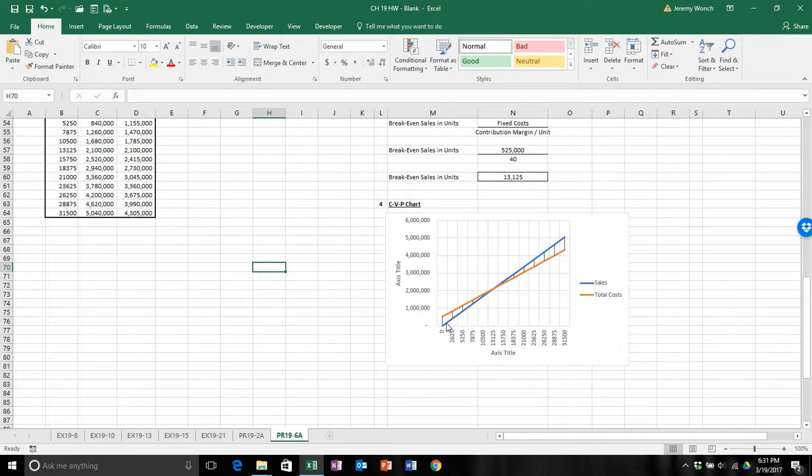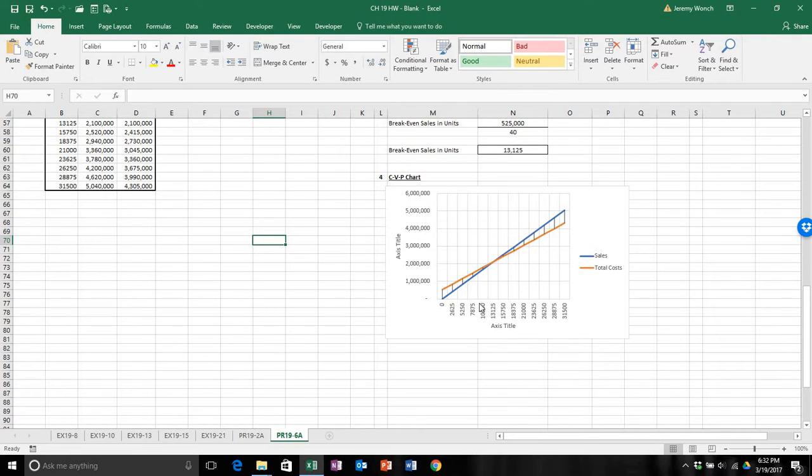So anytime our blue line is below our orange line, we're going to have a loss. Once we figured out our break even in units, right about here, the lines intersect, which means we're at exactly 0 profit. Then anything beyond that, we start seeing that blue line get higher, and that means we're making more and more profit as we go along.